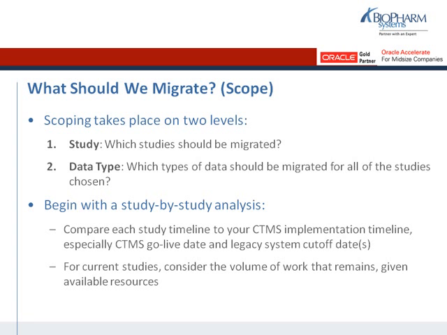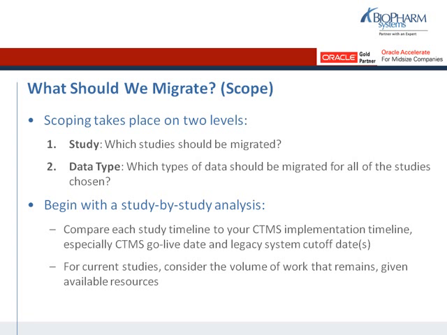So initially, you must look at historical studies first, and whether you want that data in the new system for reporting purposes, or whether the legacy data is already in or planned to be in the data warehouse. Next, you'll have to consider your CTMS go-live date and end date for current and planned studies.